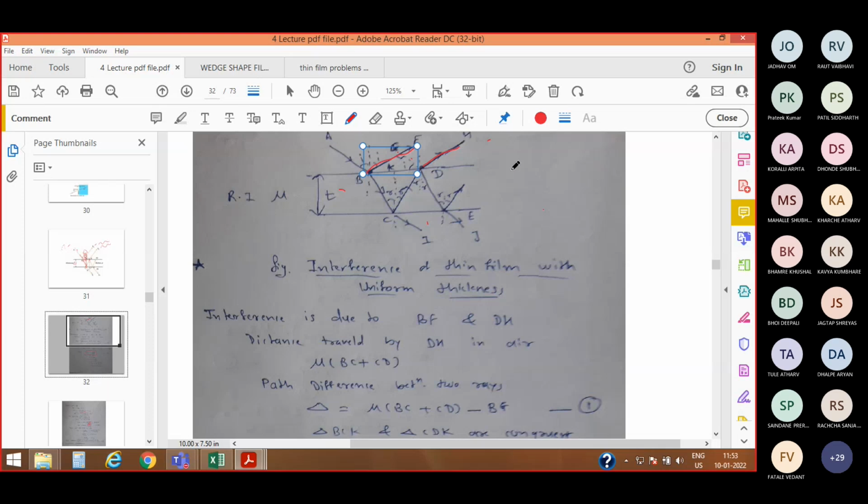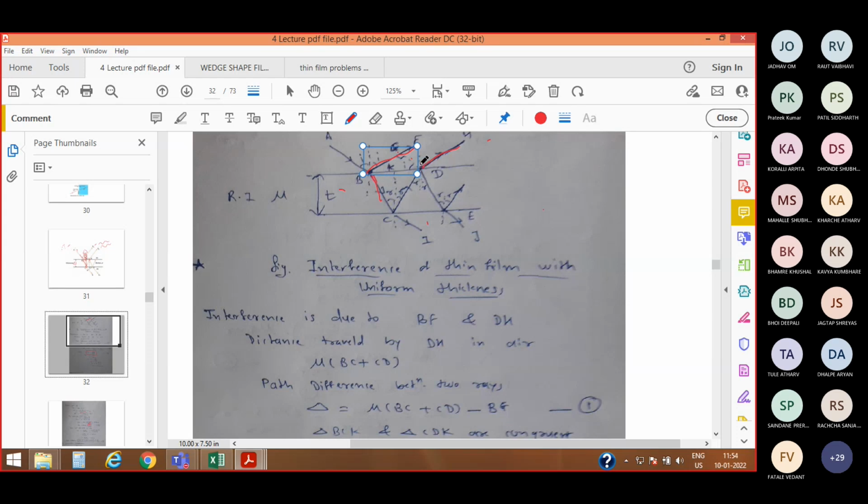Any question? सर, डिस्टेंस तो फिल्म के अंदर ट्रेवल किया था ना? हाँ. तो आप एयर बोल रहे हो? नहीं, यहाँ से यहाँ तक फिल्म में आया.